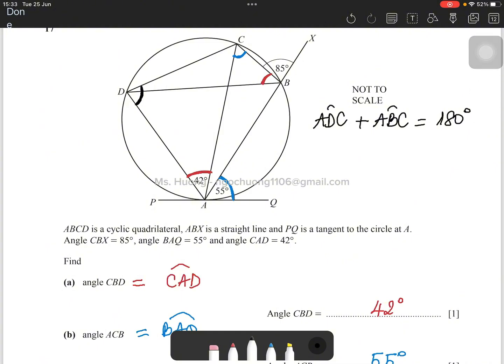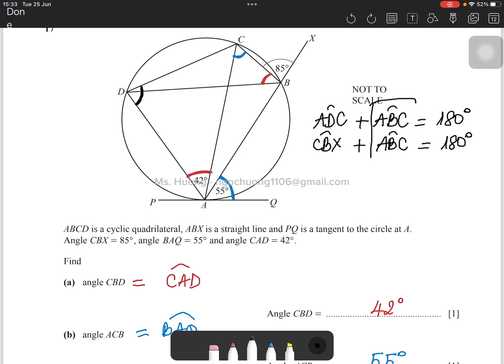And next, we see that the angle CBX plus the angle ABC is also 180 degrees, because ABX is a straight line. They are the angles on a straight line.